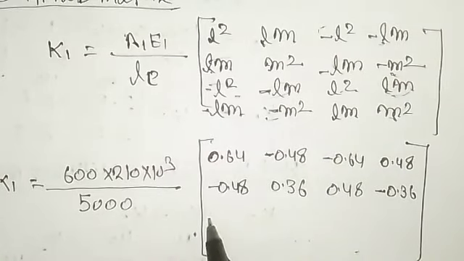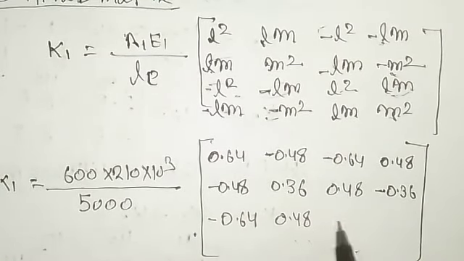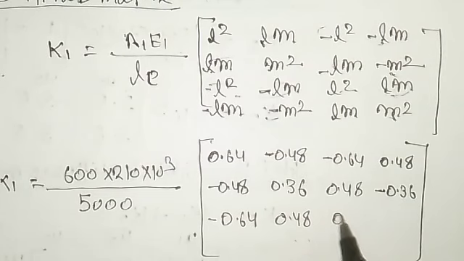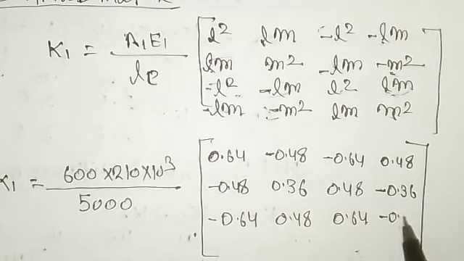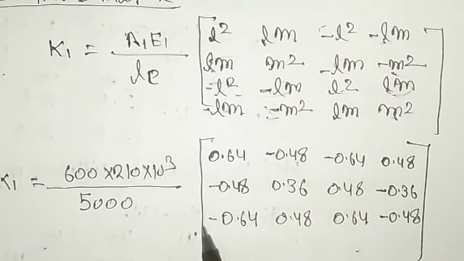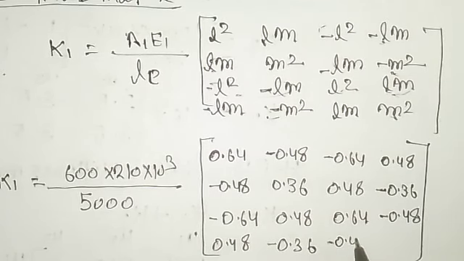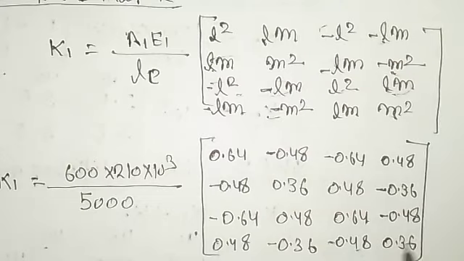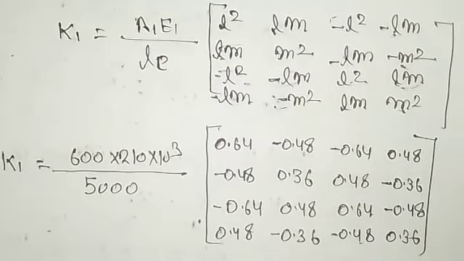Similarly we can substitute minus 0.64, 0.48, and this is 0.64 and minus 0.48. Then these two terms will come here, that is 0.48, minus 0.36, minus 0.48 and 0.36. This is your K1, that is for element 1.